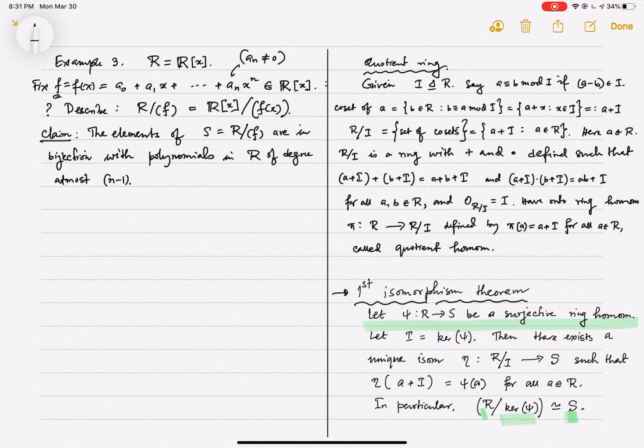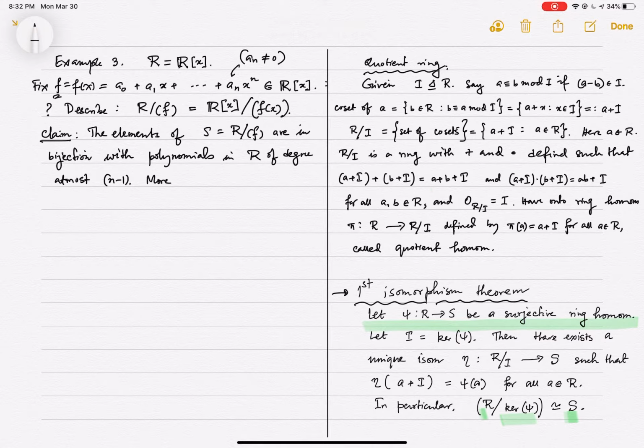And how does this go? Let's give a sketch. I'll at least give you the map. More precisely, actually I can make this claim more precise, I suppose.